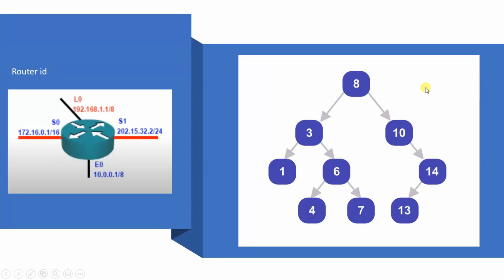Before going to this diagram, first, there are two versions of OSPF, OSPF version 2 and OSPF version 3. Version 2 supports IPv4 addresses only, whereas version 3 supports IPv6 only. Then let's continue. One important thing in OSPF is that all the databases are synchronized.